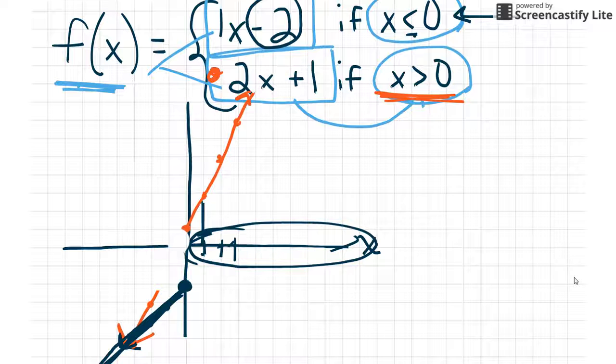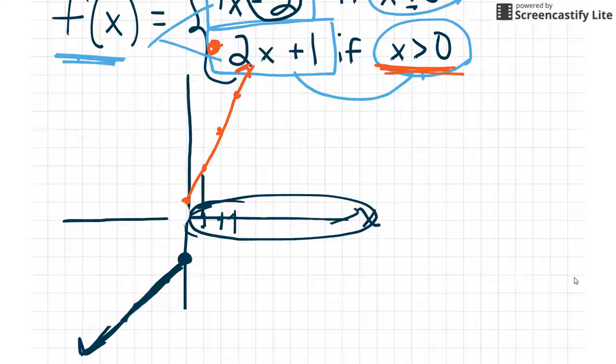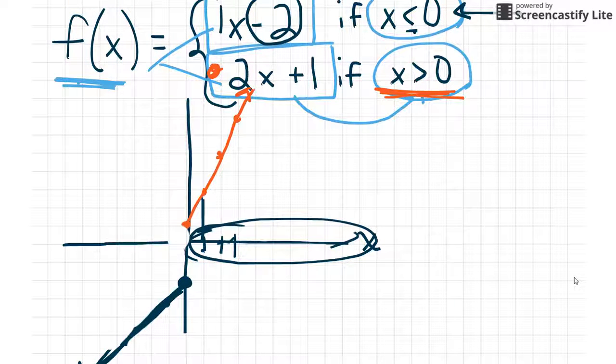So all of these past here are going to have to be erased because those are less than 0. So I keep my navy blue line down here, and then the orange one up here, I've got this, I've got this, and this one keeps going on forever in this direction.